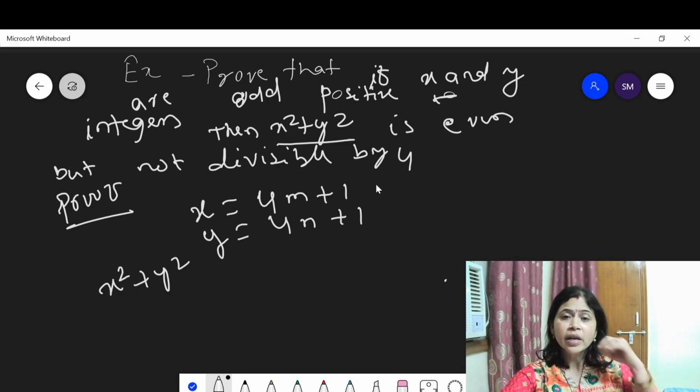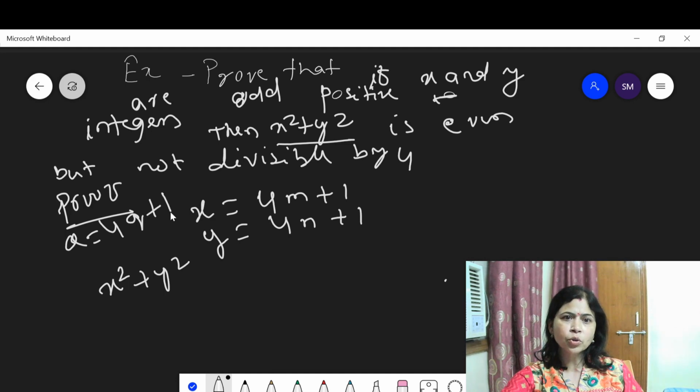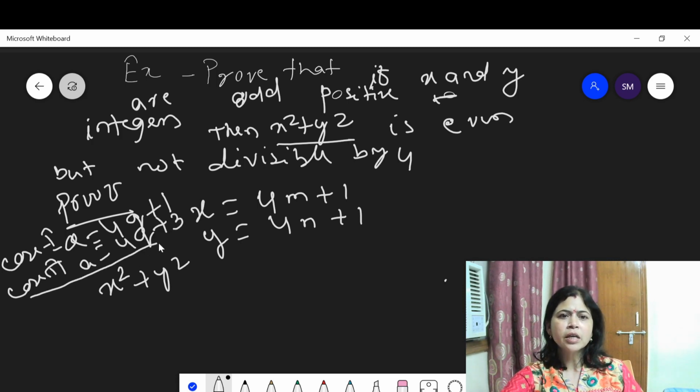The case 1, please recall, says that any positive odd number can be represented in the form of 4q plus 1. Then the case 2 says that any positive odd integer can be represented in the form of 4q plus 3. This is case 1 and case 2.